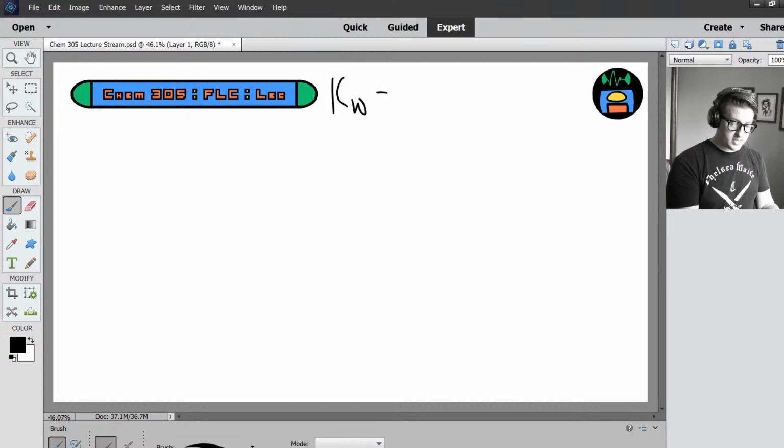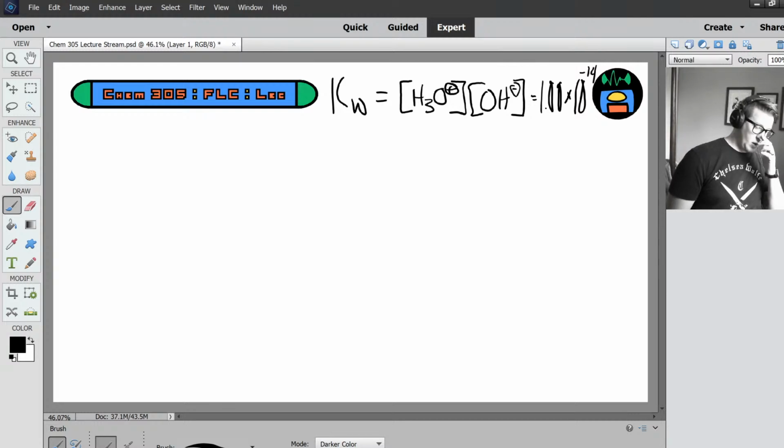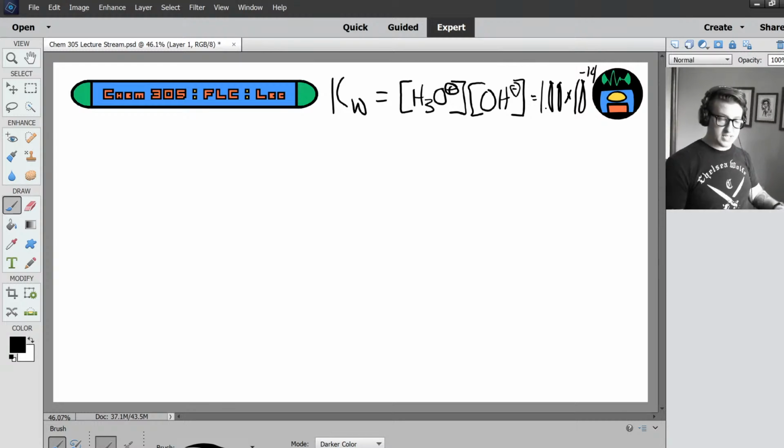And that equilibrium constant, Kw, is equal to the molarity of hydronium times the molarity of hydroxide, and this is equal to 1.00 times 10 to the negative 14th. All right, that is the equilibrium constant for the self-ionization of water.